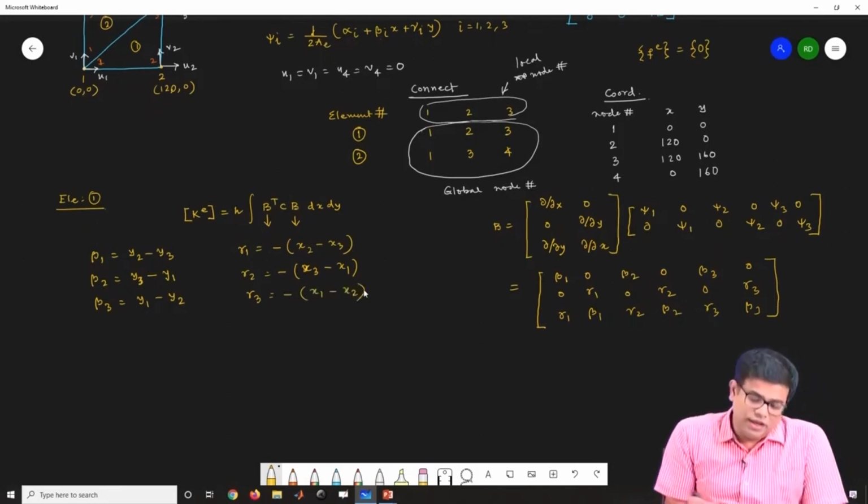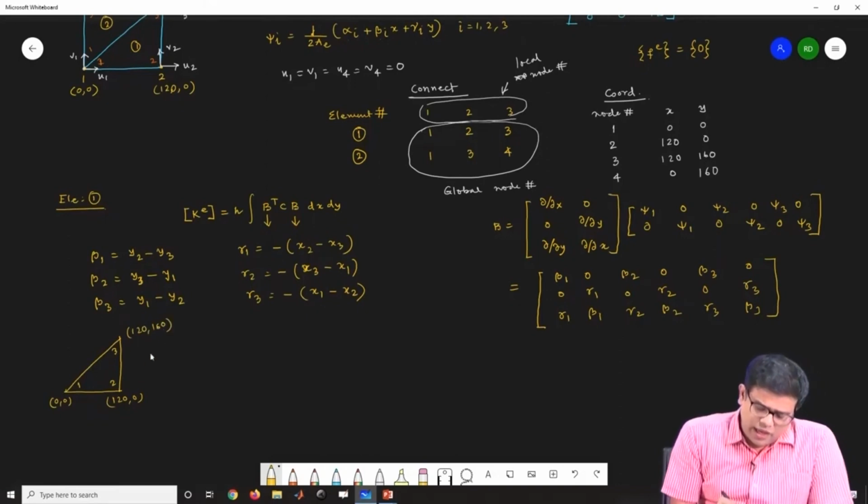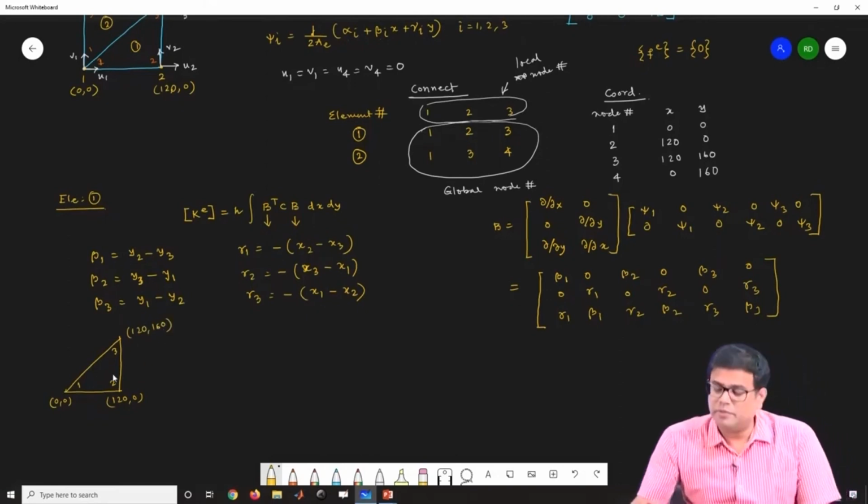Now you see for the first triangle, you know everything. For this triangle, this coordinate is 0 0, so this is my node 1, 2, 3. This is 120 0, and this is 120 160. So if I substitute these, I can compute the beta matrix.